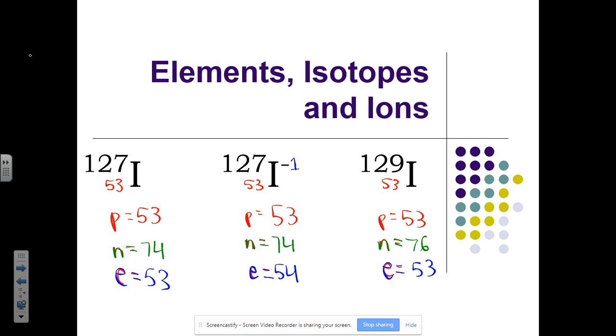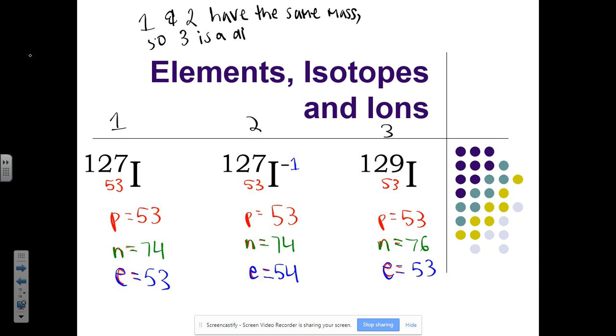So if we call this one number 1, 2, and 3, you can say that 1 and 2 have the same mass. So 3 is a different isotope.